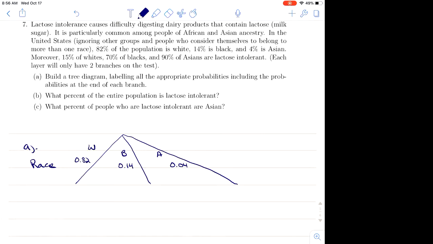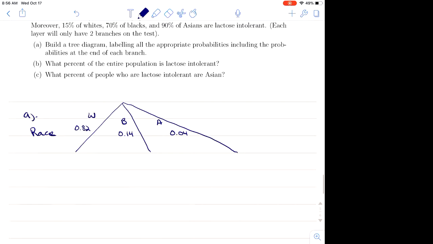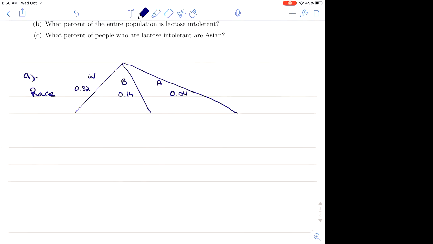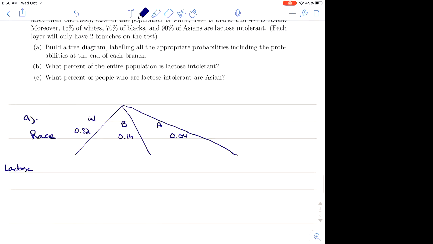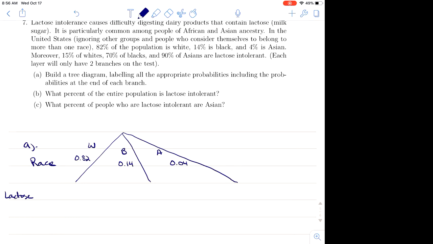Okay. So now we build our lactose layer, let's say, right? So if you're white, you're either lactose intolerant, right, with a probability of 0.15, or you're not lactose intolerant with a probability of 1 minus 0.15, or 0.85.